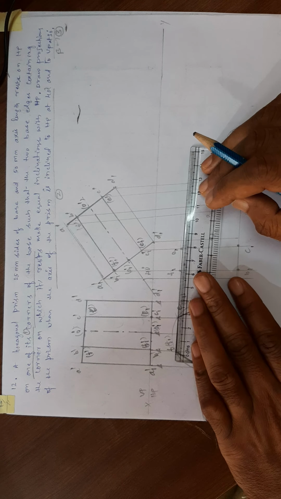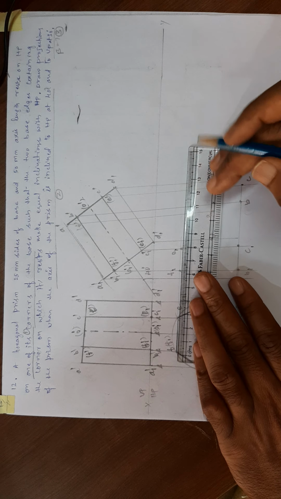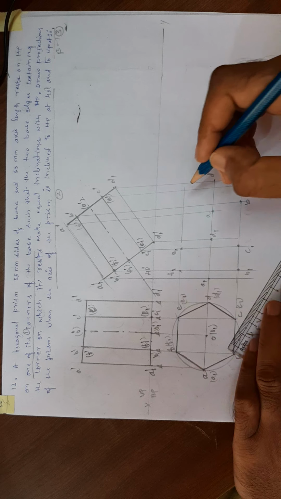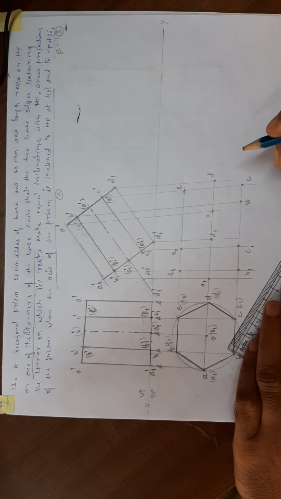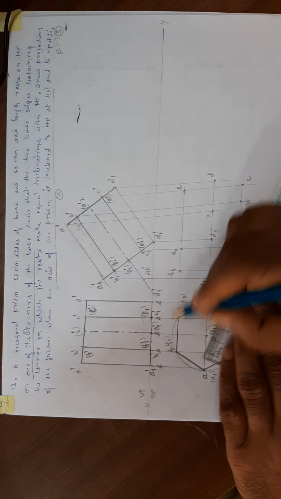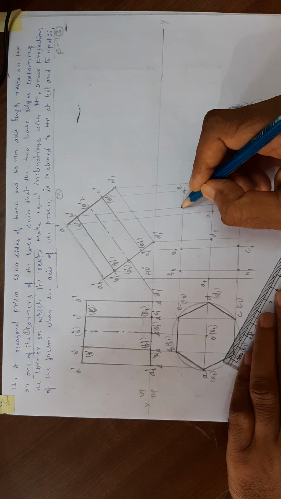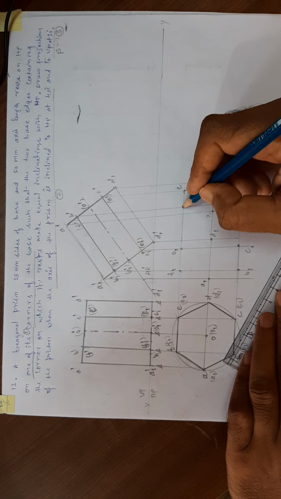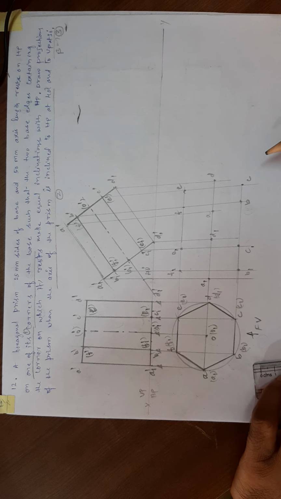Next, horizontal projector line from the E. This point is E. Next, vertical projector line from the F dash and horizontal projector line from the F. So this is F. Over.